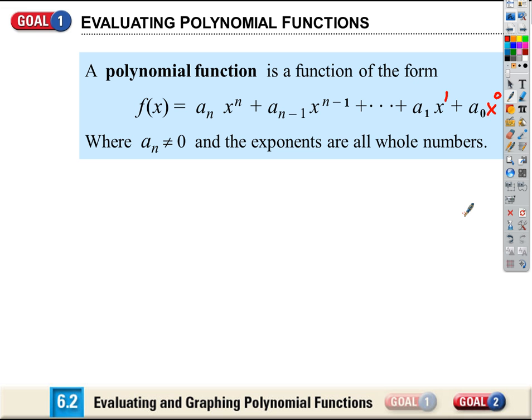Those are the only two rules. Coefficients of each term, real numbers. The exponents are whole numbers. Okay? If that's the case, if I've got a sum of a bunch of terms that meet those criteria, it's a polynomial. So let's try, I want you to determine if these are or are not polynomials. Get a little practice with this.